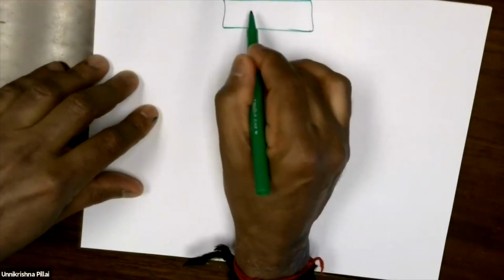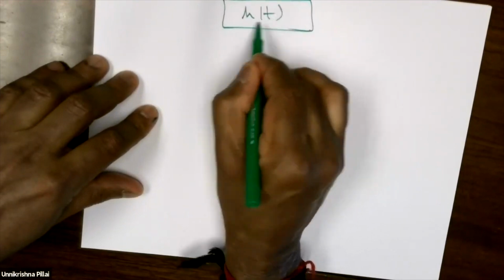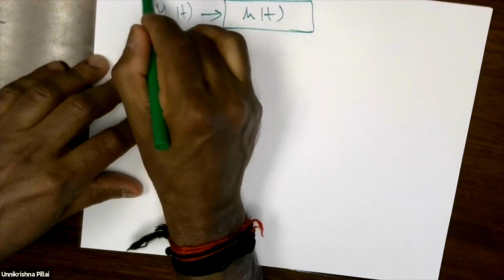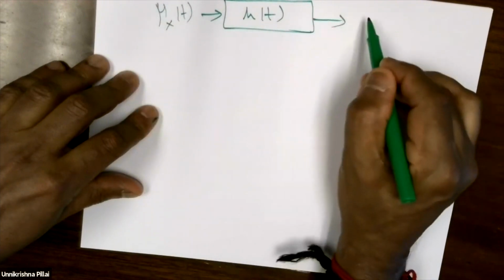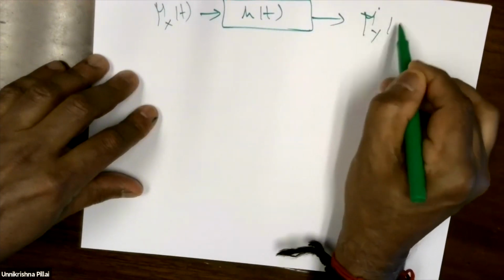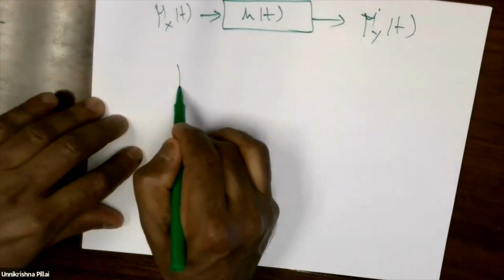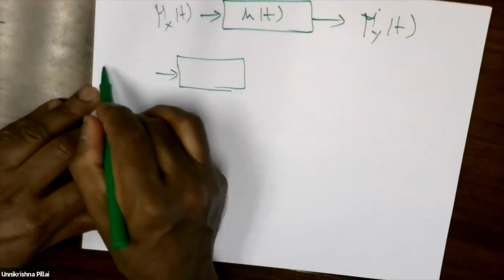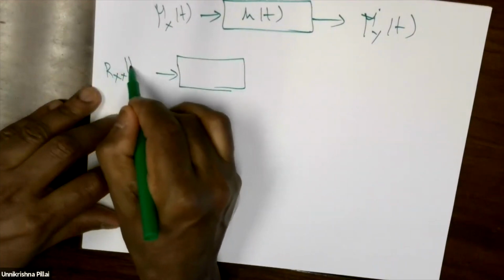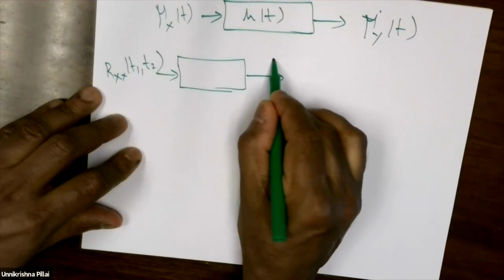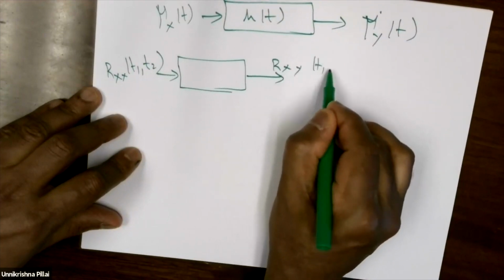So let me put all this in a picture form. If x of t is applied to a system, the output mean is the input mean convolved with the system. That's what we just proved here. And the autocorrelation function, if you want to remember, you can remember it like this. To get Rxy of t1, t2, what did we do?